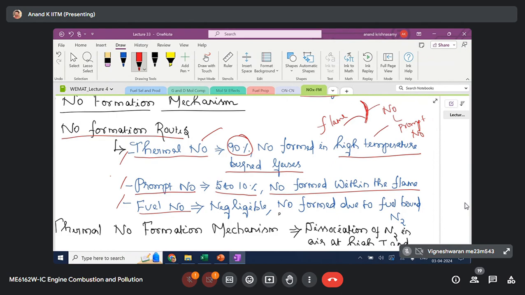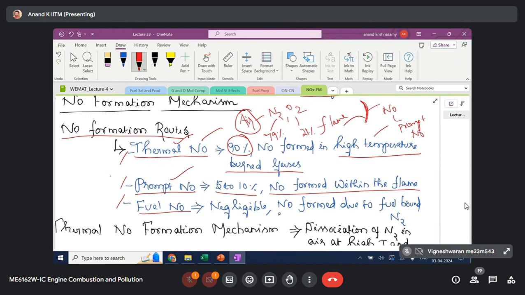You know air has nitrogen and oxygen as major components. Oxygen is around 21%, and nitrogen is around 79%. Oxidation of this nitrogen present in air at high temperature is what is causing thermal NO and prompt NO.